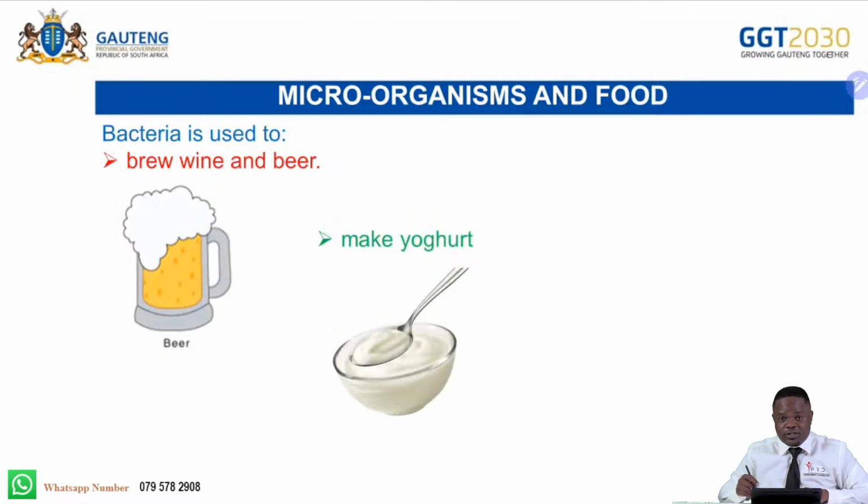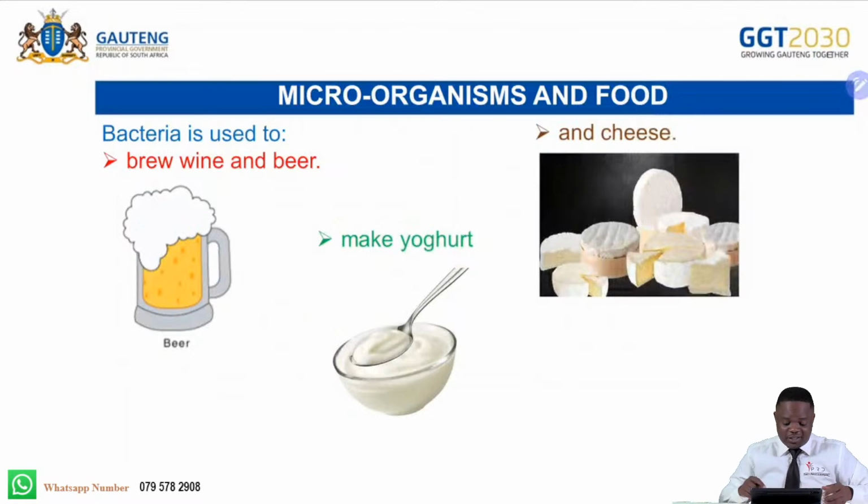I believe most of us love yogurt. That is done by the use of bacteria. And also cheese is manufactured through the use of our microorganisms, that is our bacteria. The process that is taking place there, we call fermentation.